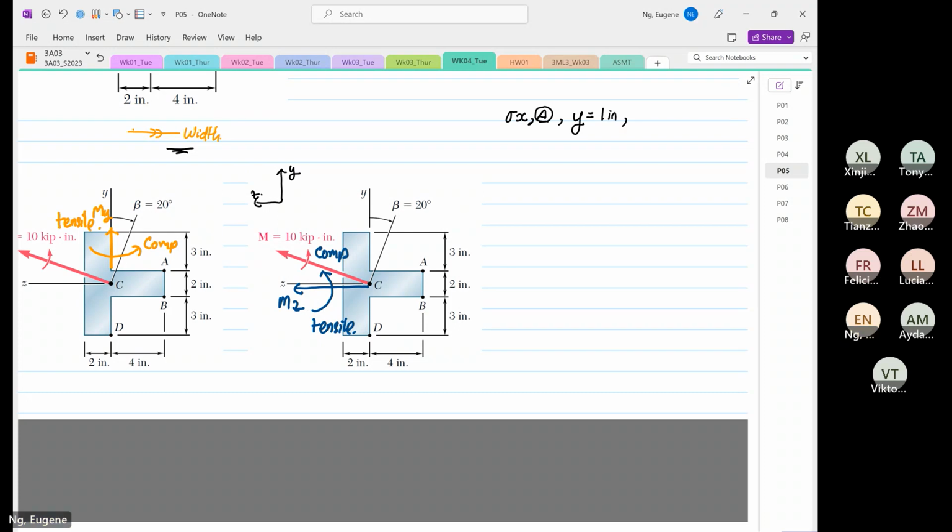And on the Z, from the centroid, so Z is the horizontal direction, this is 4 inch. And then if we were to plug in the formula, this is equal to My over Iyy multiplied by Z. We realize I don't put in the sign yet.